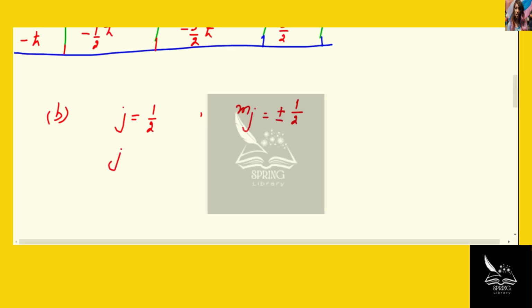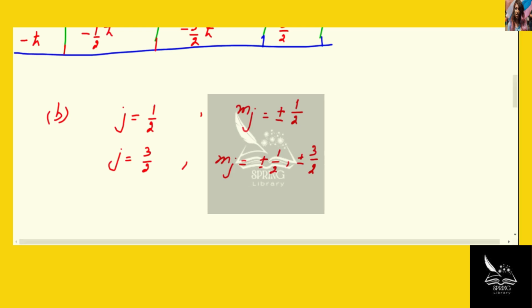For j equal to 3 upon 2, we have mj equal to plus minus half and plus minus 3 upon 2. Here j is the quantum number.